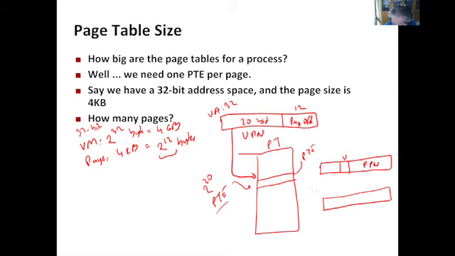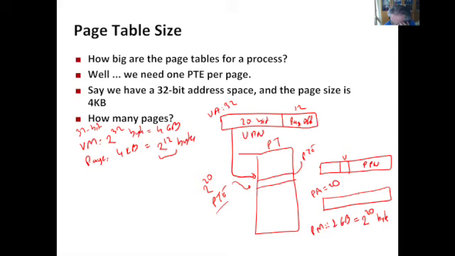So we can look at the physical address. Let's say that my physical memory is 1 gigabyte. Then what does it mean? Well, it means that I have 2 to the power 30 bytes, so the physical address is 30 bits.